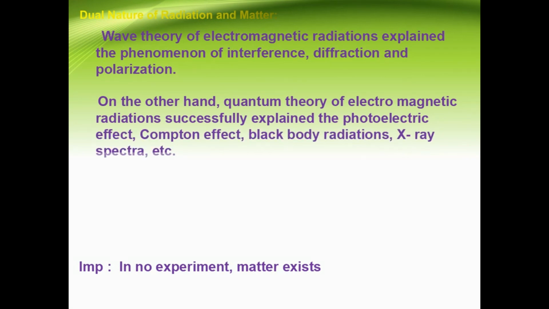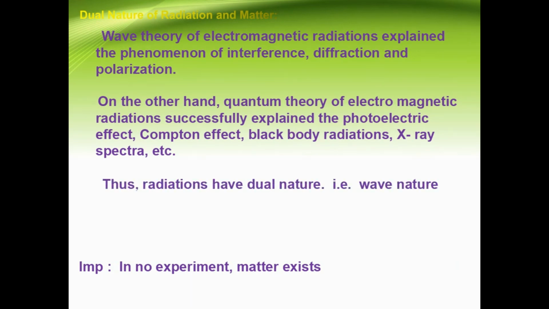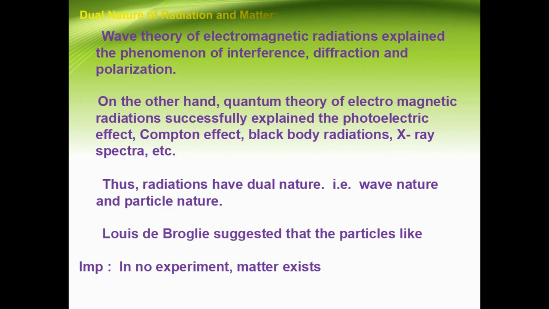Wave theory of electromagnetic radiation explained the phenomena of interference, diffraction and polarization. On the other hand, quantum theory of electromagnetic radiation successfully explained the photoelectric effect, Compton effect, black body radiation, X-ray spectra, etc. Thus, radiations have dual nature: wave nature and particle nature.